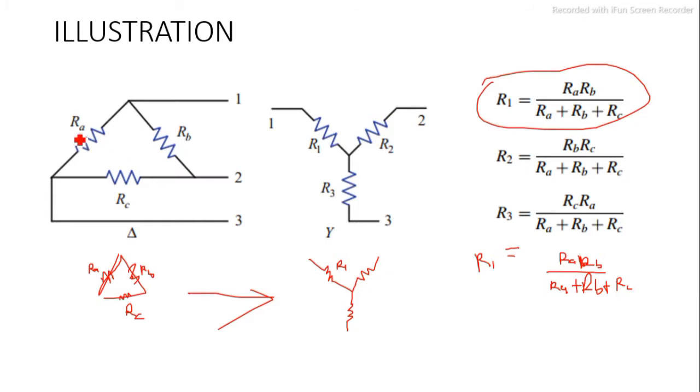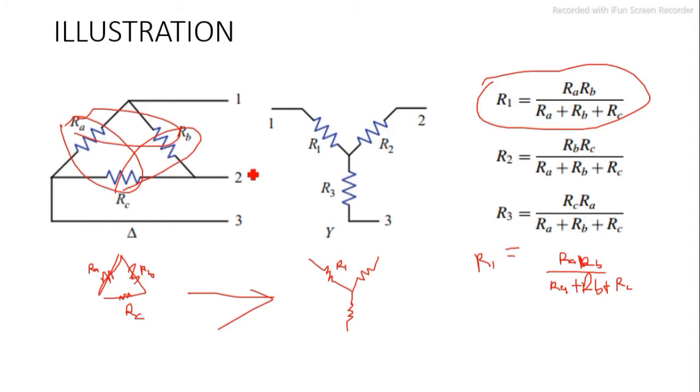But if you take this pair as your R1, then we take another pair for R2. That means I'm going to take RB and RC. Then for R3, you take the remaining pair. Now look at your R1. It is the combination of RA and RB divided by the sum. Your R2 will be RB and RC divided by the sum of RA plus RB plus RC.